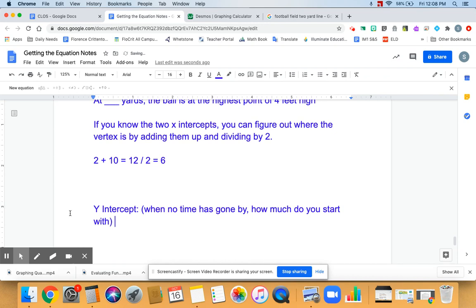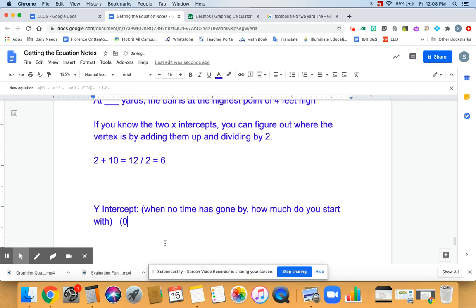So for example, if this was a situation about money and I said, I just realized that I'm in debt $1,000, then my y-intercept would have been, at no time, I'm in debt $1,000. So I'm negative $1,000.